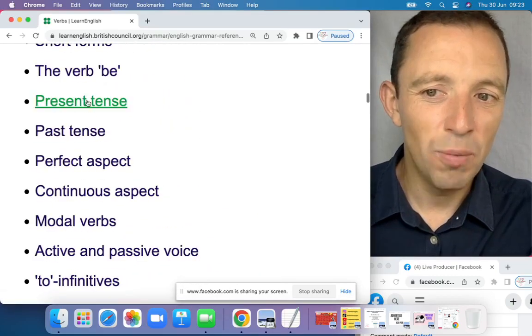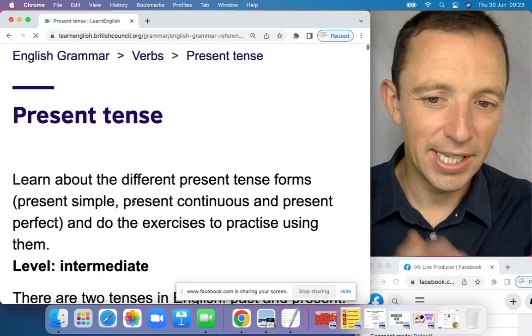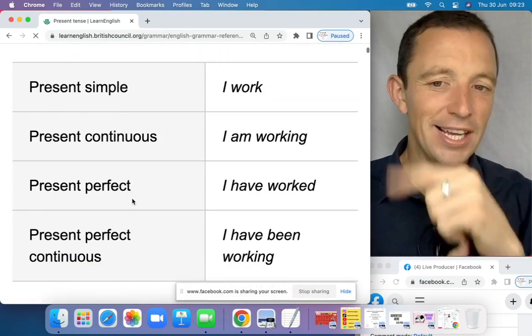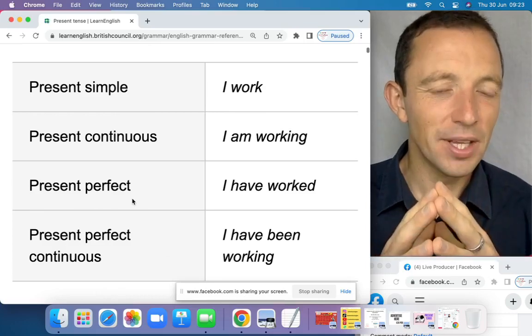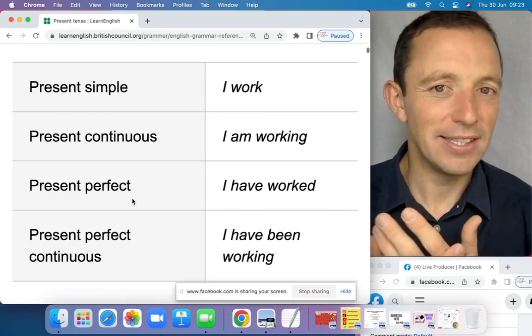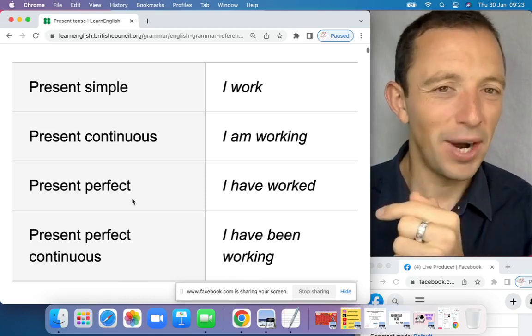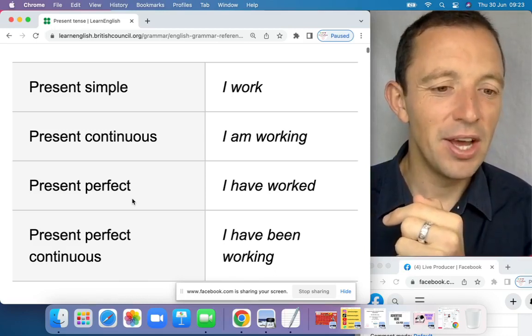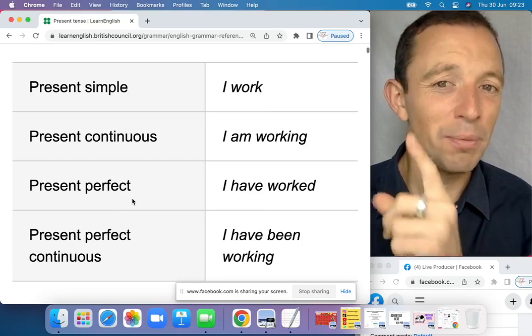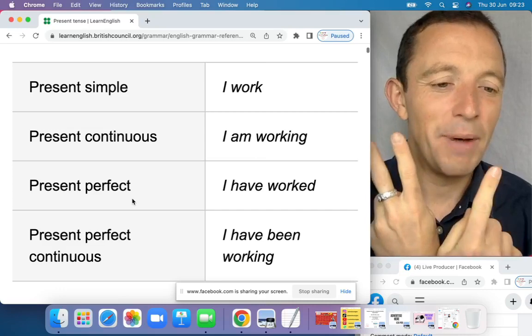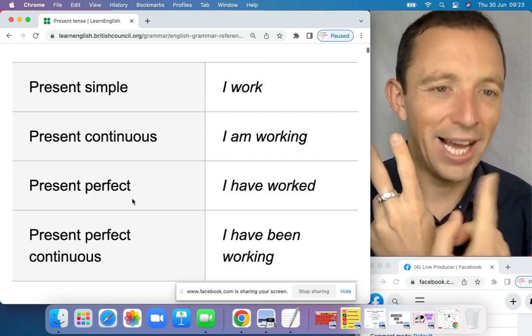So just to summarize and to recap, today we looked at the different forms, the 4 different ways to create the present tense. The present simple, present continuous, present perfect, present perfect continuous. Remember, in English, there is only the present tense and the past tense. When we speak about the future, we use the modal will.